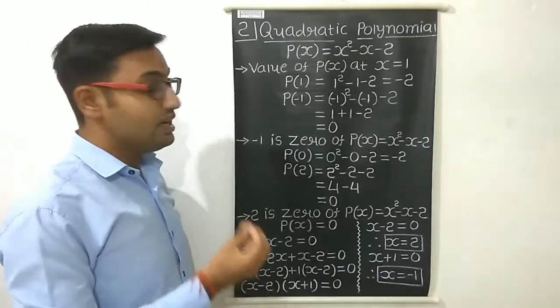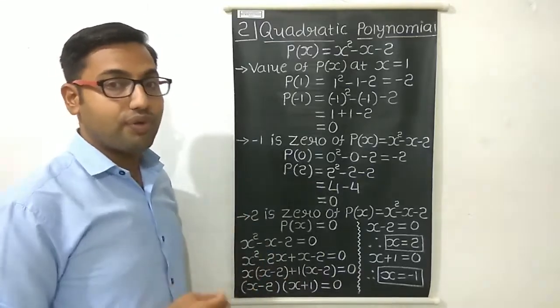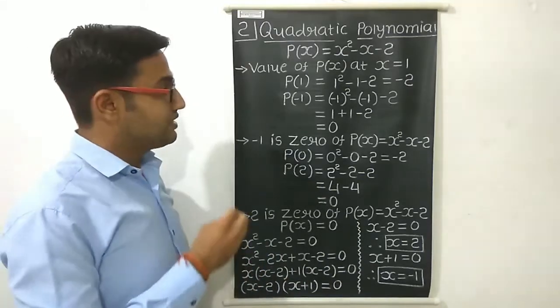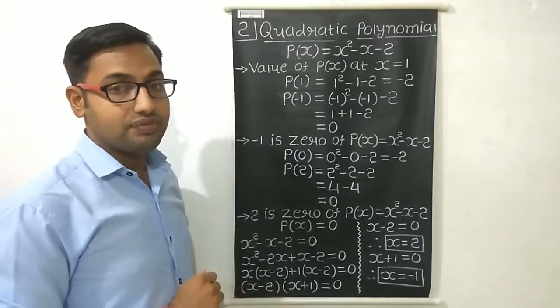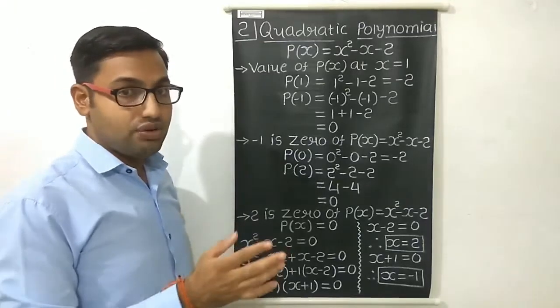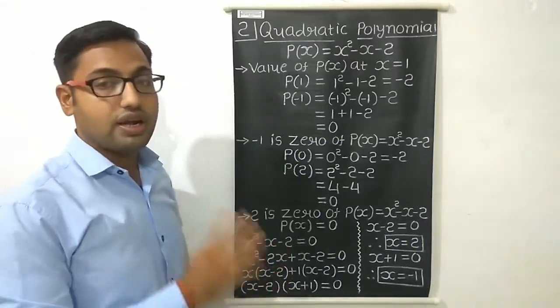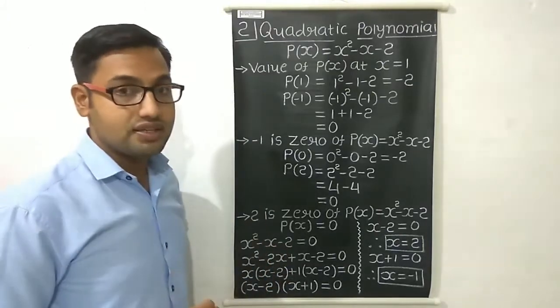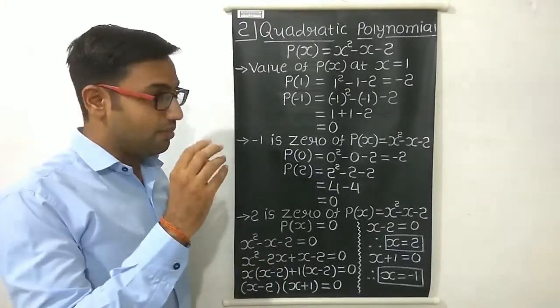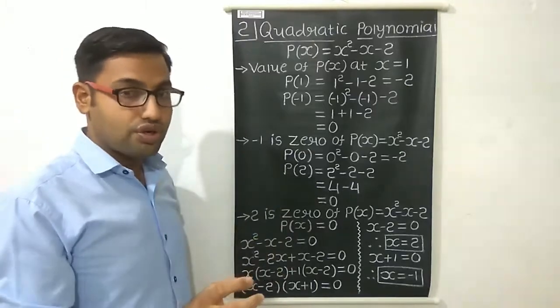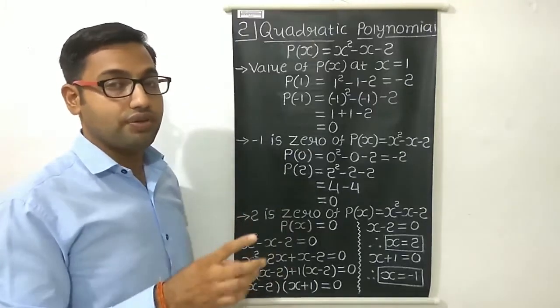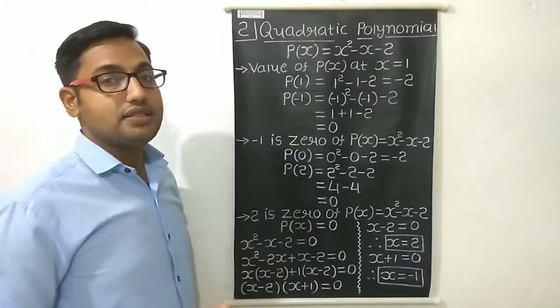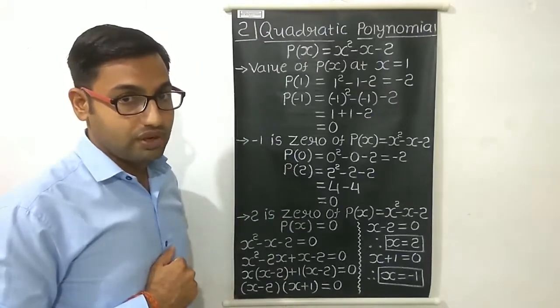So what will be the zero for the constant polynomial? As there is no variable, we can put any value, but we do not get the constant polynomial as 0. So the number of zeros for the constant polynomial is 0. We cannot find any zero for the constant polynomial.